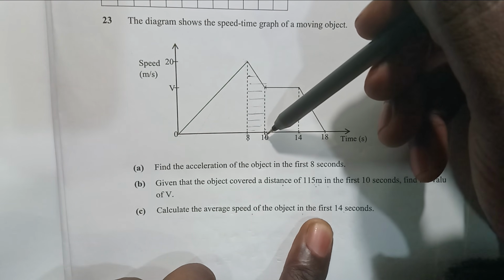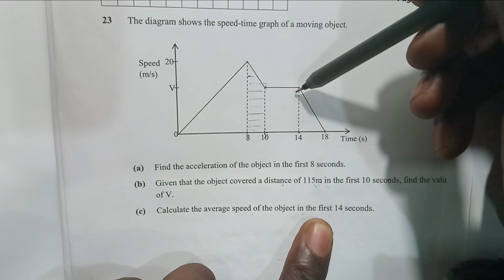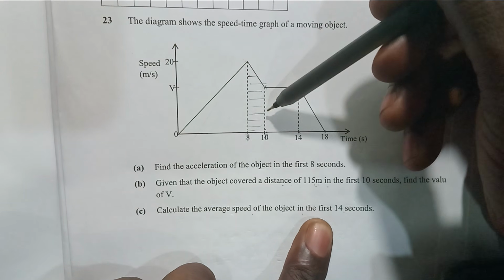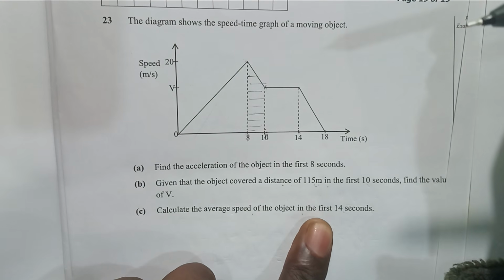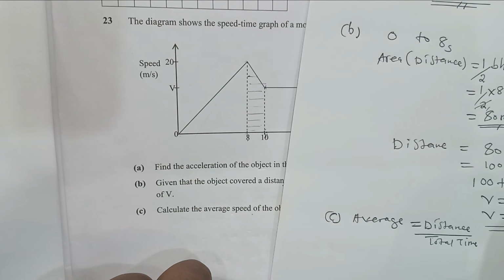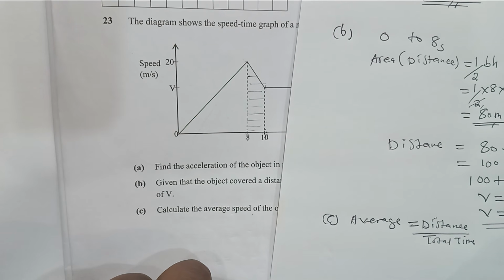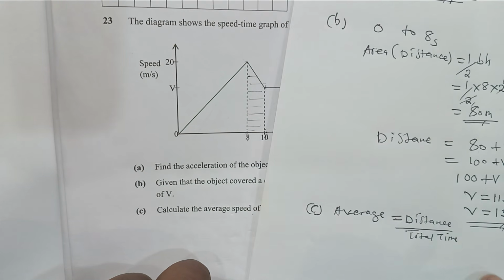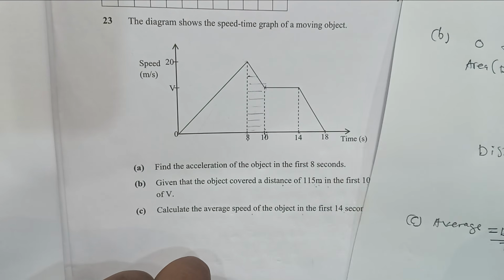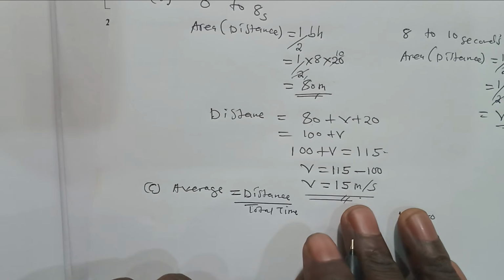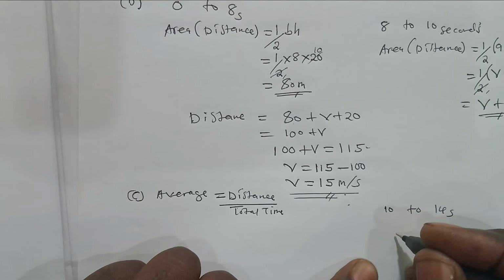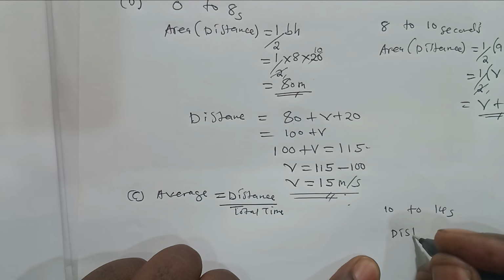So we need to add the distance which is going to be known by finding the area of this part added to what we already know. Okay, so we are going to say distance. Let's find the distance between 10 to 14 seconds.